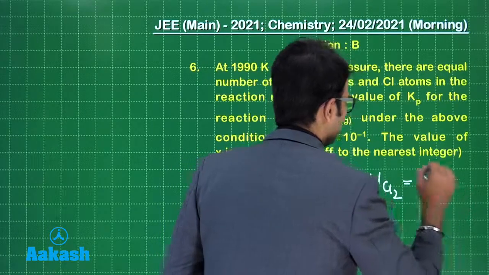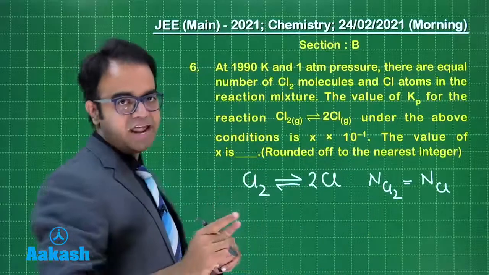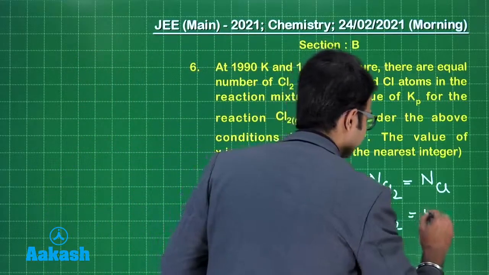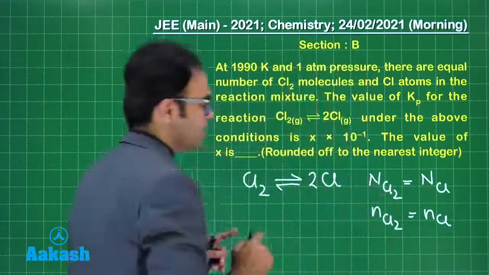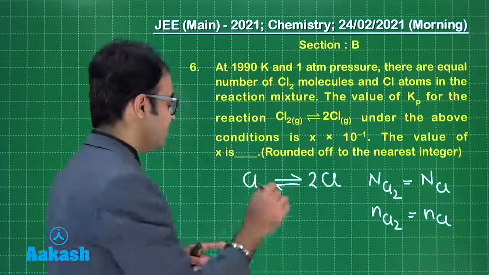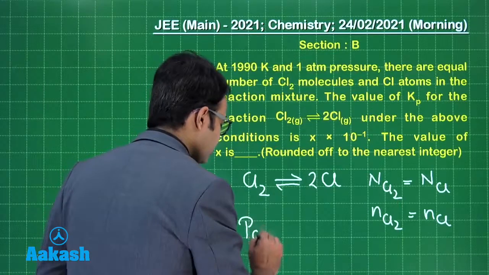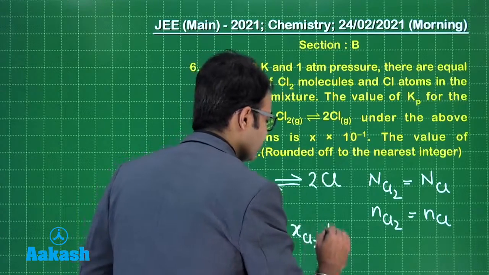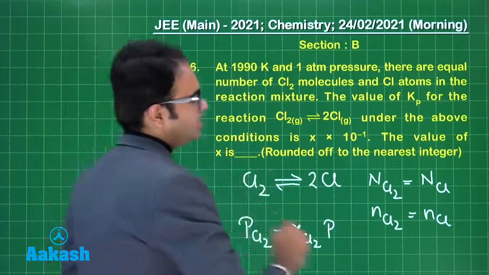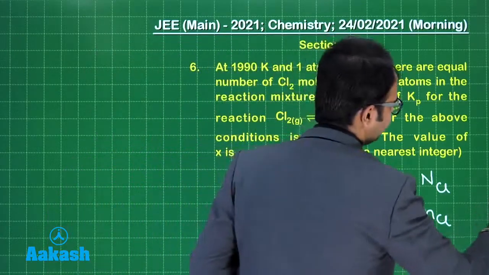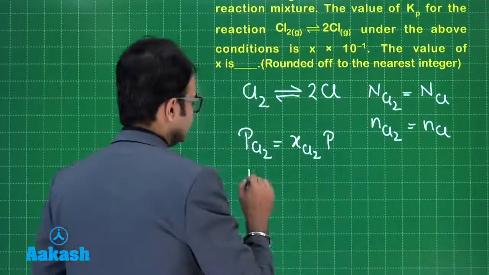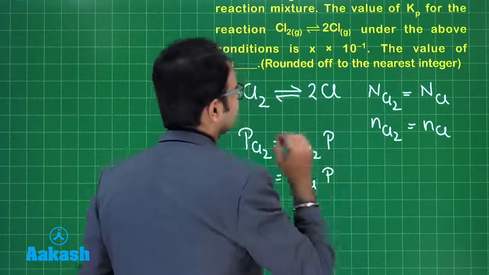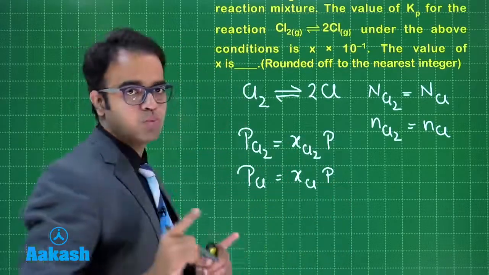See, if the number of molecules of Cl2 and Cl atoms are same, then definitely the number of moles will also be same. If the number of moles are same, then I can find out the partial pressure of Cl2, which will be mole fraction of Cl2 into the total pressure. Similarly, I can find out the partial pressure of Cl, which will be mole fraction of Cl into the total pressure. Total pressure over here is 1 atmospheres, right?